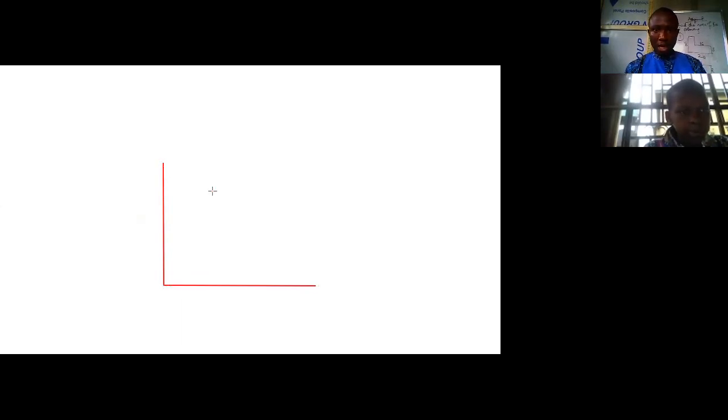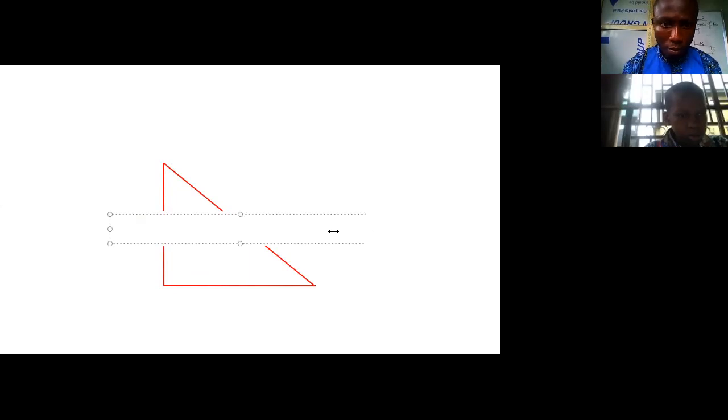Because there are three sides I talked about in the law: the opposite side, the adjacent side, and also the hypotenuse side. Is that okay? Yes. This is the opposite side.